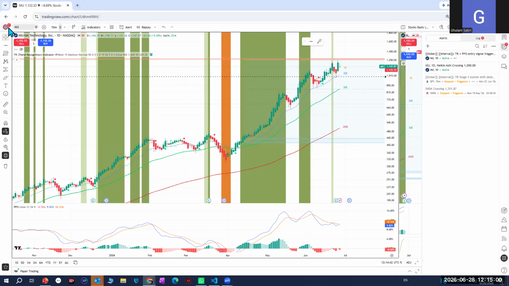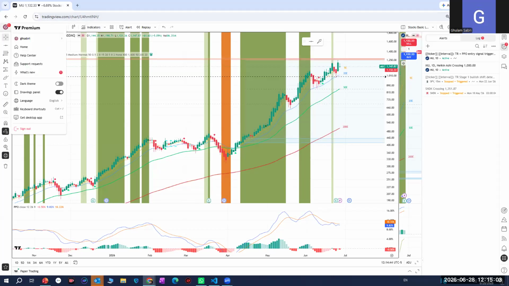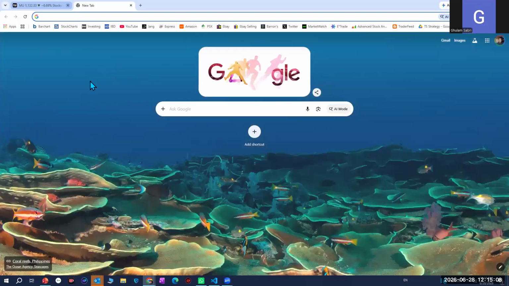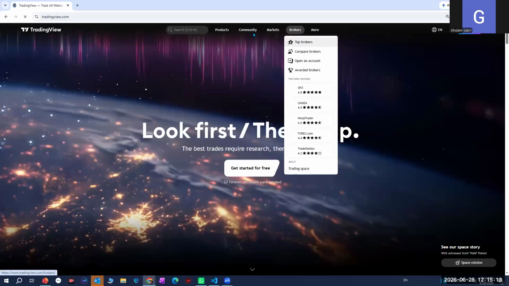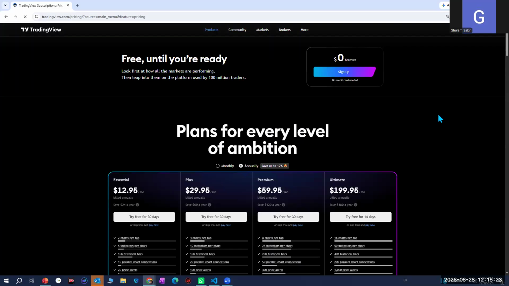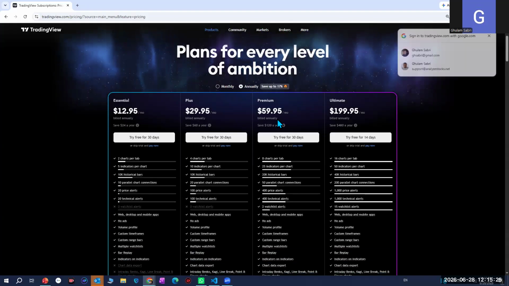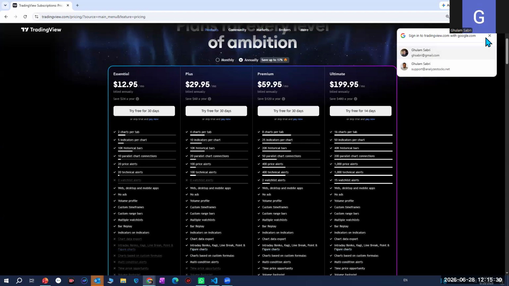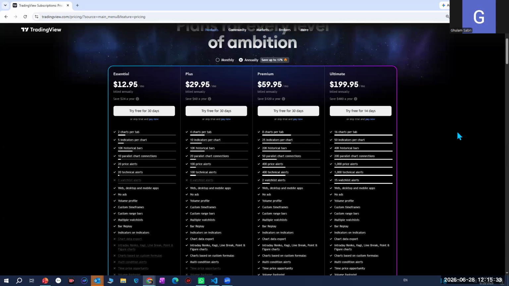If you go to TradingView, pricing, the basic is free, but the essential plan, which is recommended as a minimum, is $12.95 per month, because that will give you access to your data feed as well as support your live day trading.